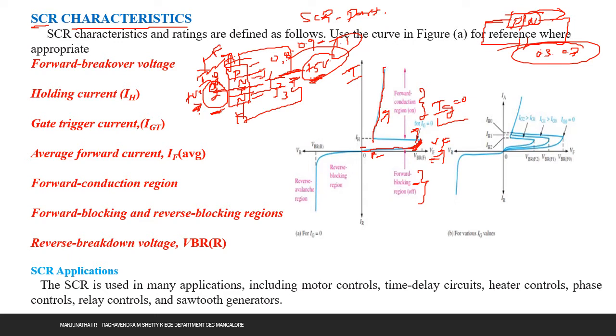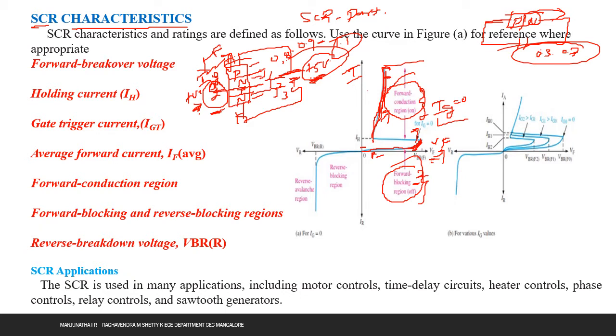That is one point we should understand. At this point the SCR is in conducting mode, so this region is the forward conduction region. Here is the forward blocking region. It is not broken down, but it is under the blockage mode, so it is a blocking region.